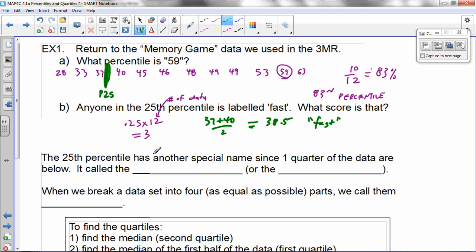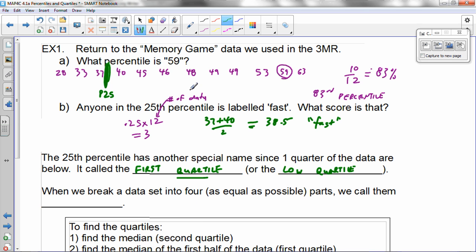The 25th percentile has another special name since 1/4 of the data are below. 25% is 1/4. It's called the first quartile, or sometimes the low quartile. Quartile is kind of like percentile, except it's quarters.